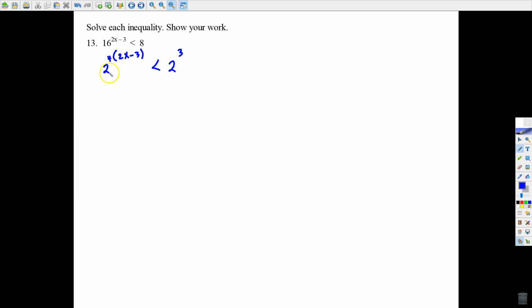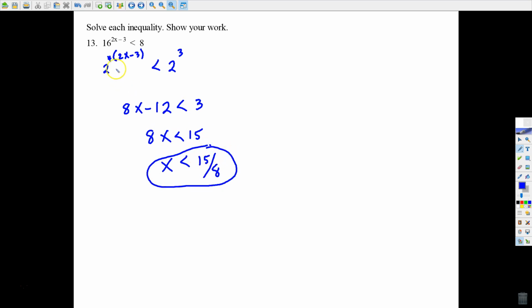So now remember, once you've got common bases, you just think about using the exponents in your inequality. So multiplying together, we get 8x minus 12 is less than 3. Add 12 to both sides, 8x is less than 15. X is less than 15/8. So once again, very handy to know how to use this common base technique.